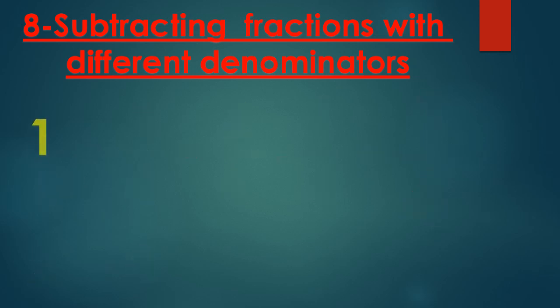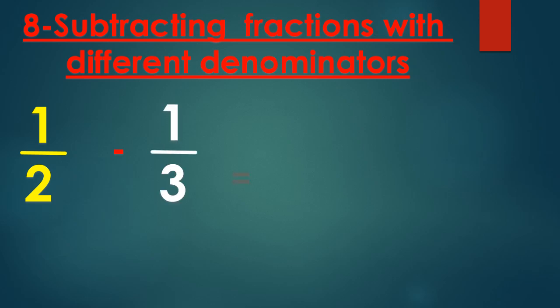Another example of subtracting fractions with different denominators is 1 over 2 minus 1 over 3. Both denominators are not the same, and we cannot convert one to the other, so we make cross multiplication.